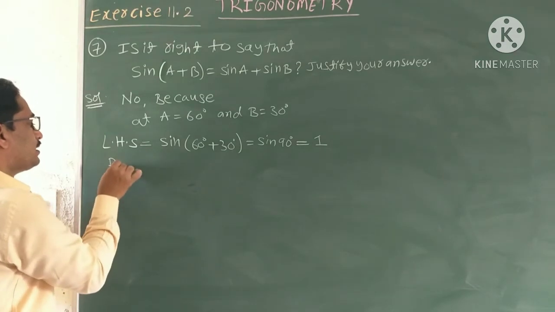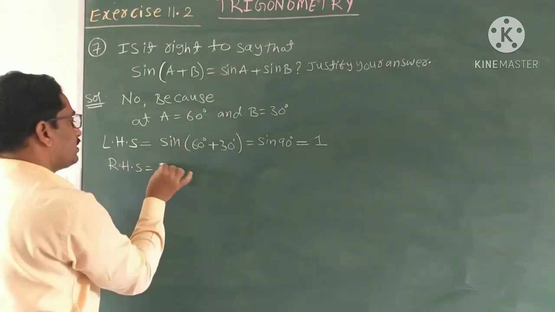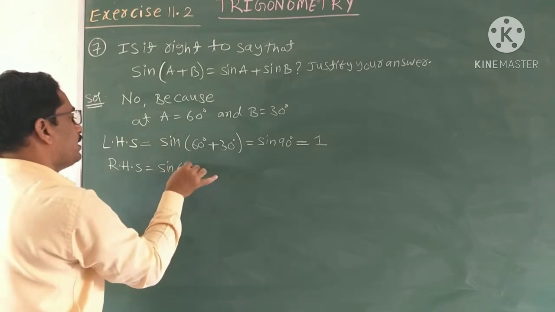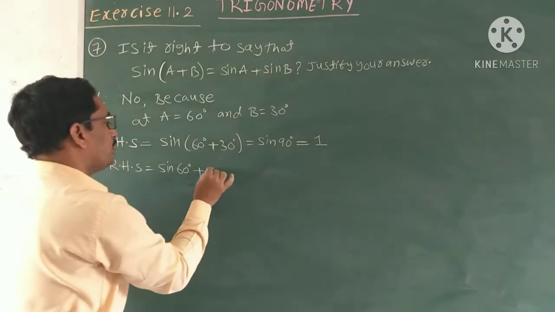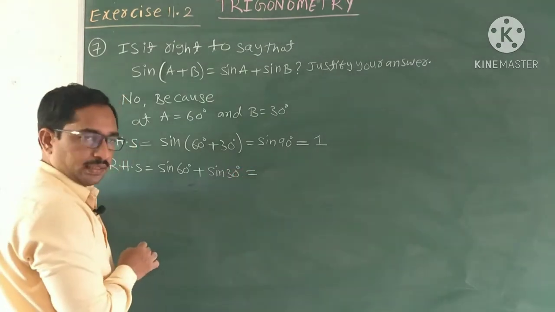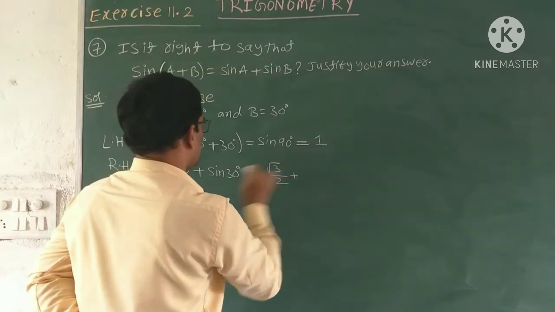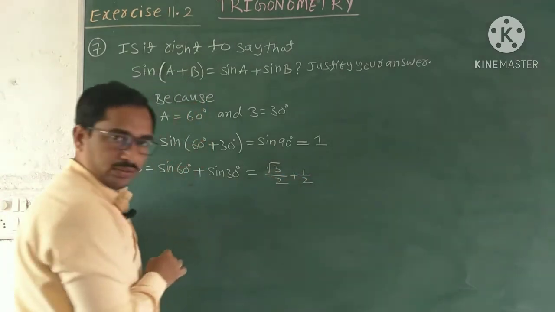Now calculate the RHS value. RHS equals sine A, which is 60 degrees, plus sine B, which is 30 degrees, so sine 60 plus sine 30. Sine 60 value is root 3 by 2 plus sine 30 value 1 by 2.